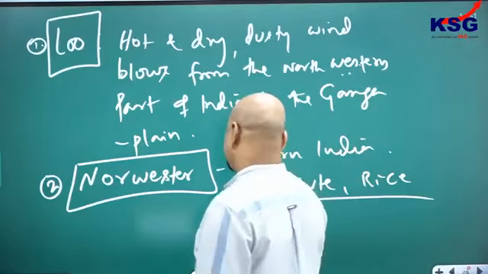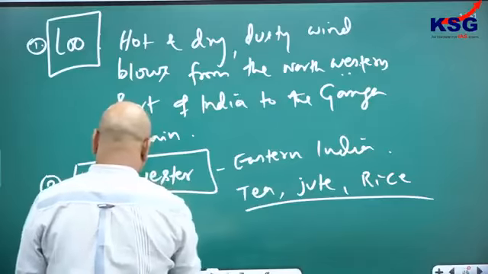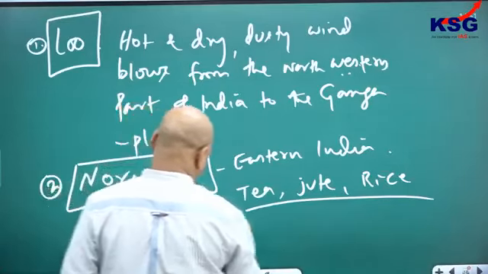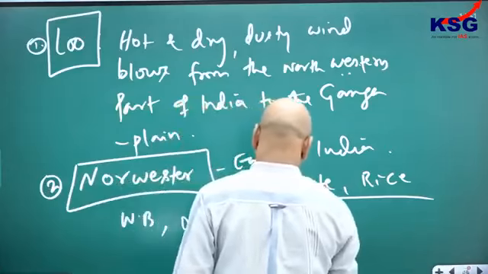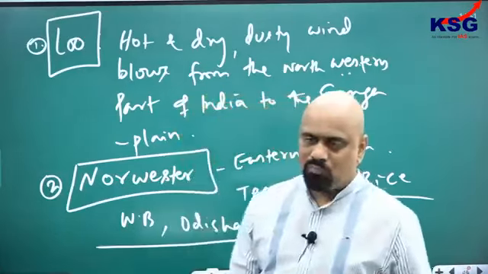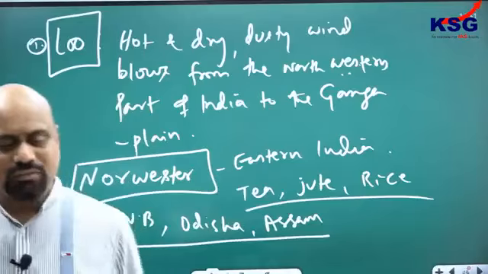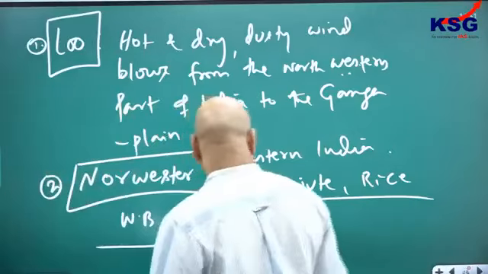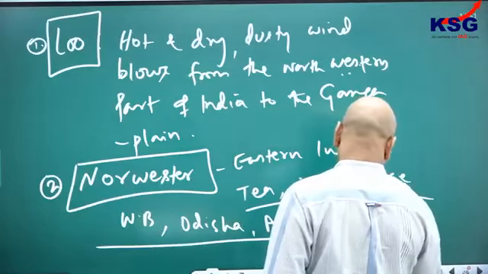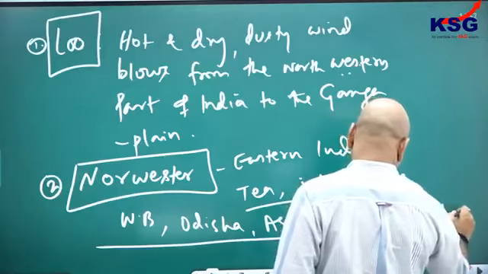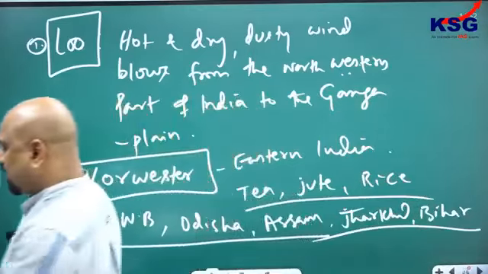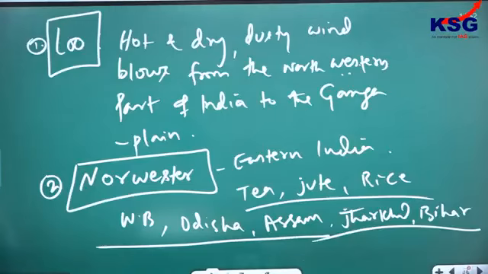It is in parts of West Bengal, Odisha, Assam, Jharkhand, Bihar, ईस्टर्न पार्ट, फॉर्मरली जो आपका बंगाल का प्रोविंस था पुराना, दैट रीजन्स यू हैव.